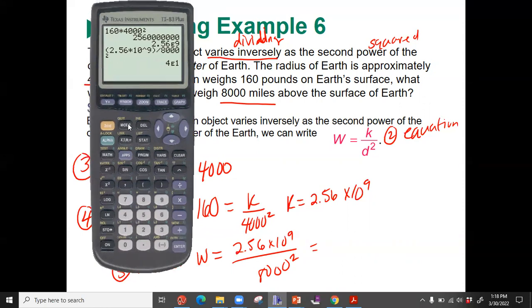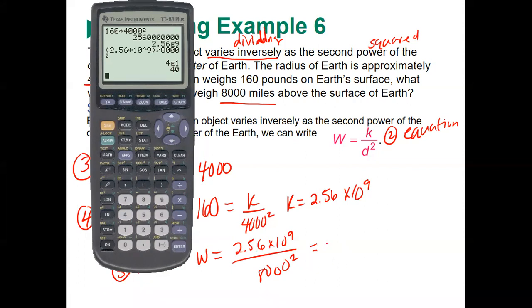So I'm going to take that out of scientific mode and go back to normal. So I get 40. Now, is this correct? Did I answer the question correctly?